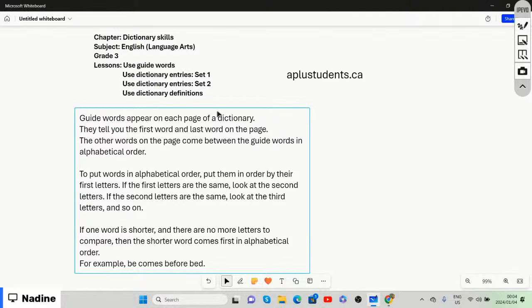And then we will also try to use dictionary definitions where certain words will be given, and you're going to have to try to figure out what you think the definition is of those words.